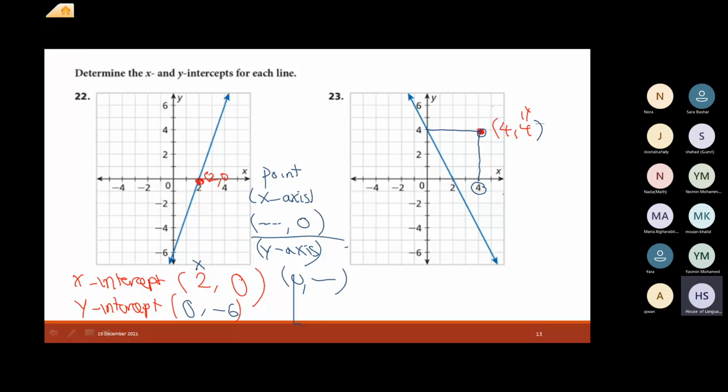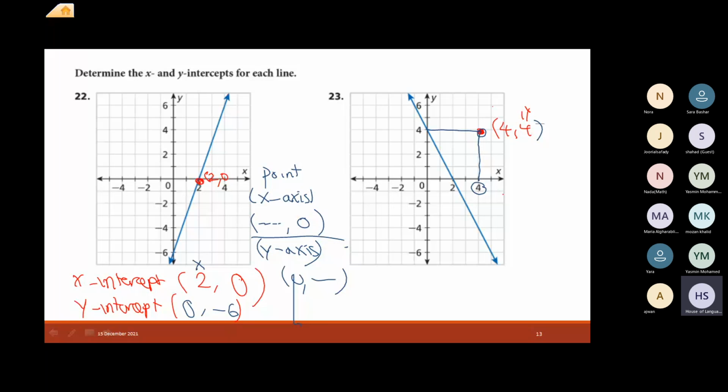If it is on the x-axis, y is 0, and if it is on the y-axis, x is 0. This is how to find the x and y intercept.